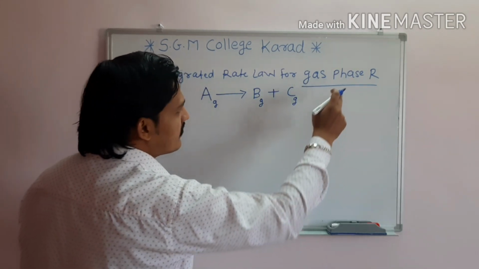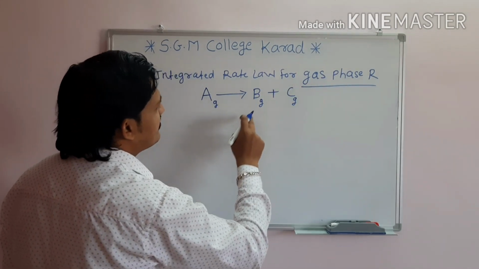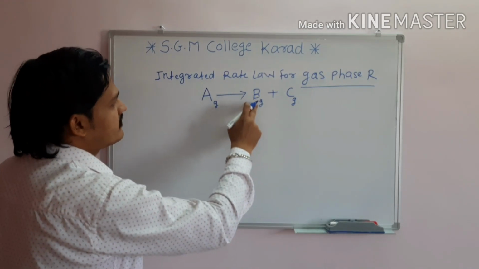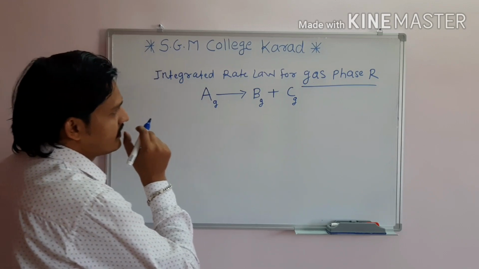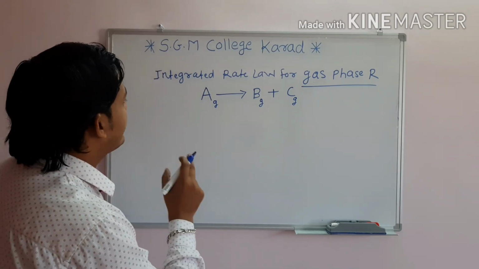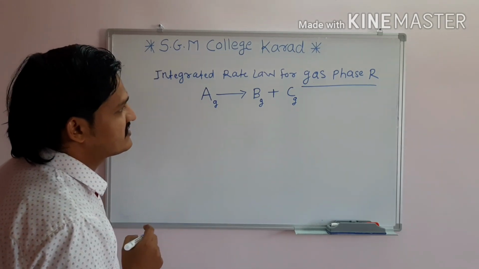Generally I am dealing only with gas phase reactant. Maybe sometimes the phase of B and C may change, that is in case of liquid. So I am dealing only with the integrated rate law for gas phase reactant.